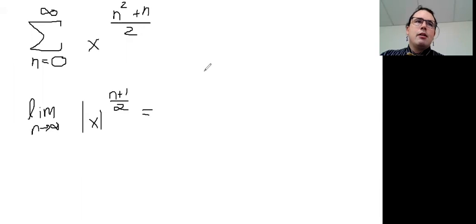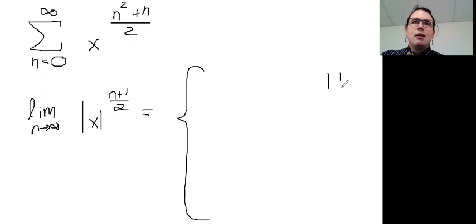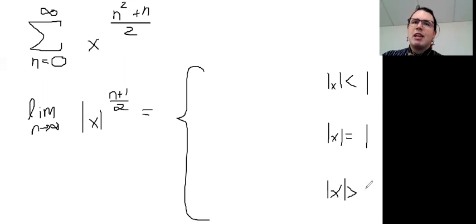Well, what happens with this absolute value? I know that this absolute value is going to be 0 or greater. And when I raise it to these large powers, the behavior that I see is going to be different depending on if the absolute value is less than 1, whether the absolute value is equal to 1, or whether the absolute value is greater than 1.